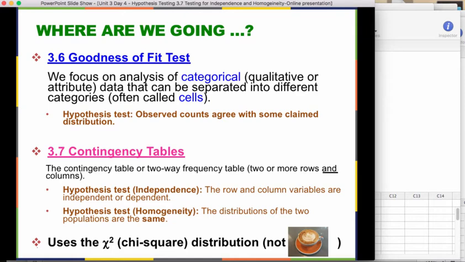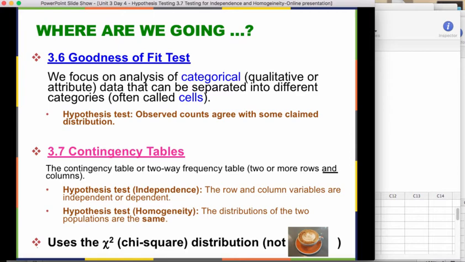And the contingency table is a two-way frequency table which has two or more rows and columns. There are really two types of hypothesis testing that we can do with contingency tables that we will be exploring. One of them is the hypothesis test of independence, where you're determining whether the row and column variables are independent or dependent.